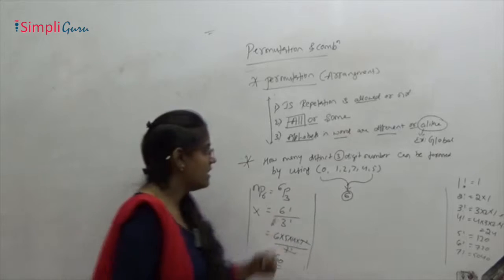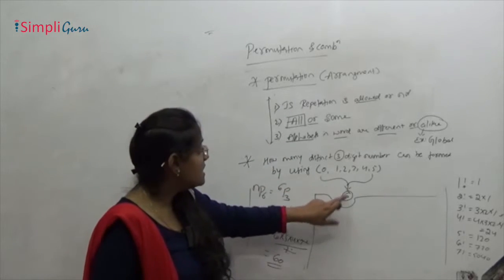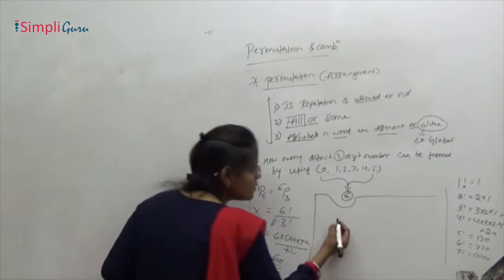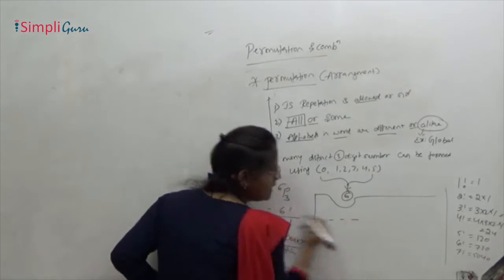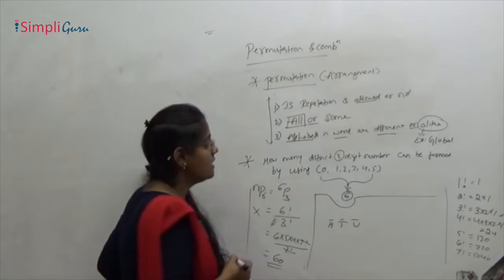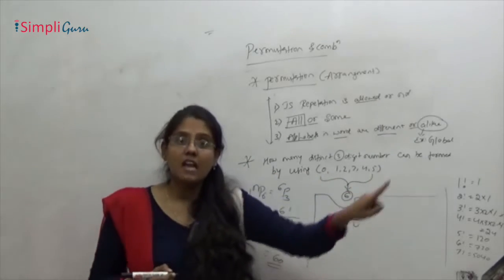Why? See here, practically. What are they telling? By using these 6 digits, I need to form a 3-digit number. So, a 3-digit number means hundreds place, tens place and unit place. First, I will let you know, in the question they didn't mention that repetition is allowed.